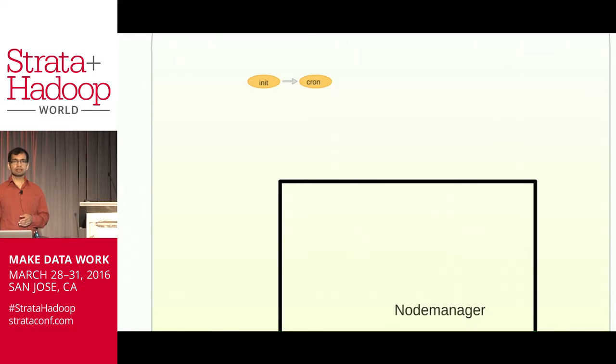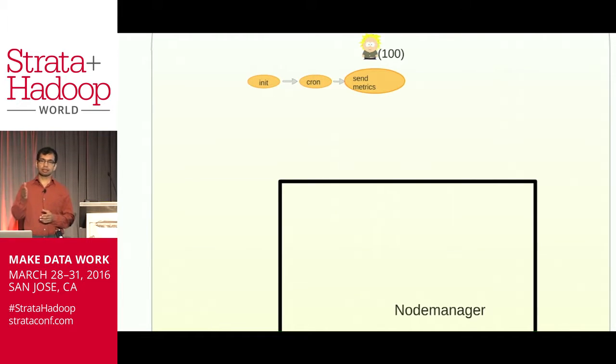And then the cron service's job is to periodically launch the jobs that we have, the cron jobs. So when the cron expression is true, we launch the cron job. Say that we have a cron job that is sending metrics. Now, you can configure cron to say that this is being done by a particular non-root user, or you can configure it to say that this is done by the root user.